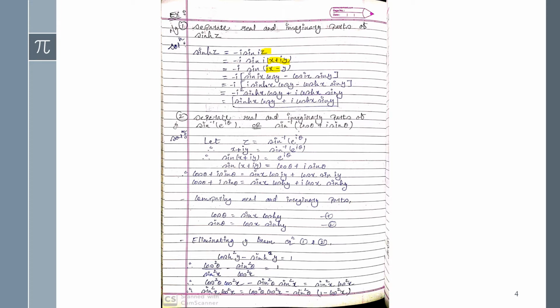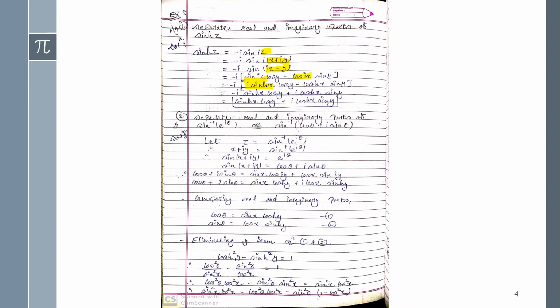Now next, minus i keeping as it is, and sine of ix minus y, so that will actually be alpha minus beta. So by using our previous slide, it will be sin ix into cos y minus cos ix into sin y, and here I'm applying its hyperbolic and circular relation.